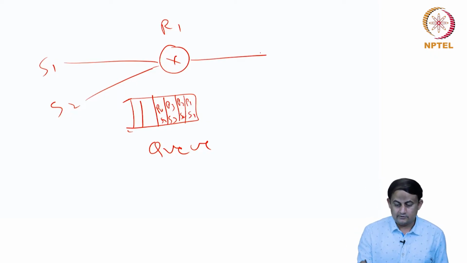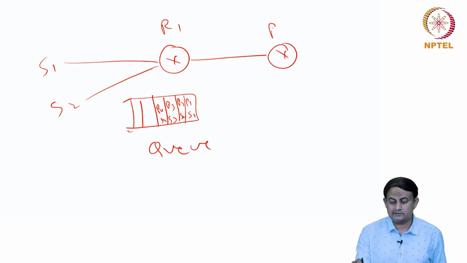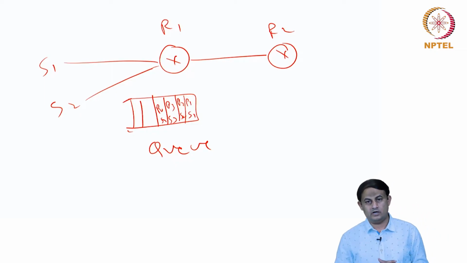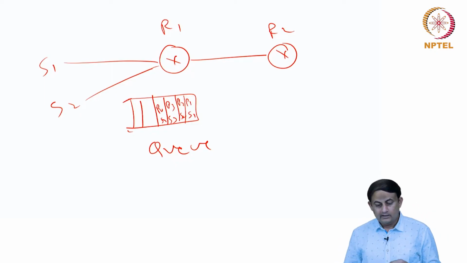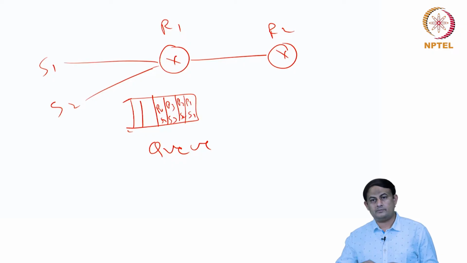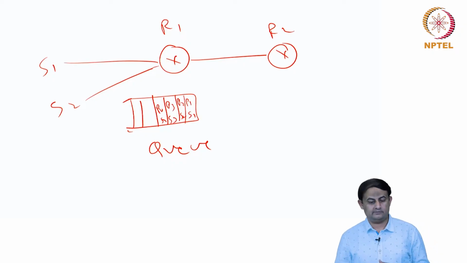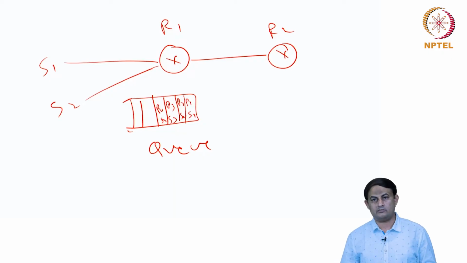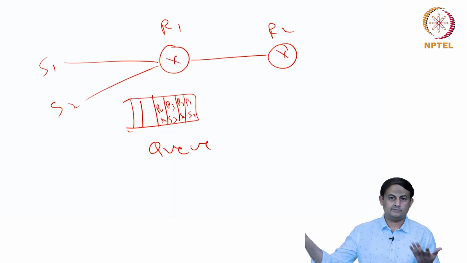There is an outgoing link which is connecting this router to the next router, and for the time being, let's assume that all of these packets are going to R2 in the network, and the default strategy of transmitting these packets over the network is to pick up the packets in the order in which they have come to R1 and then transmit in the same order.